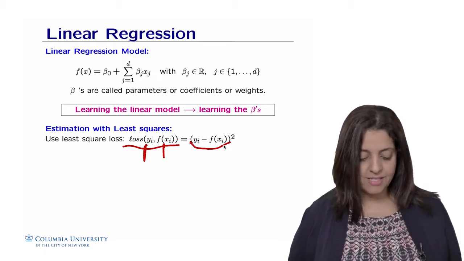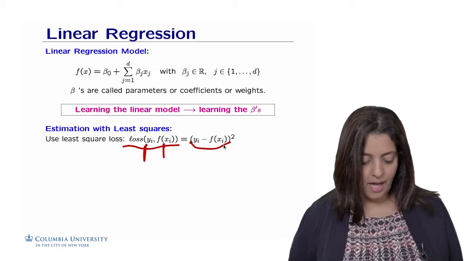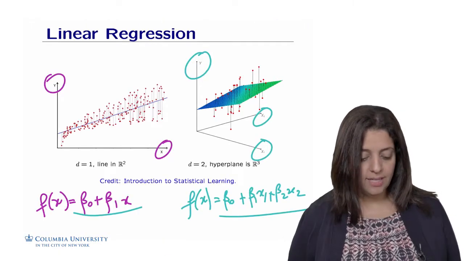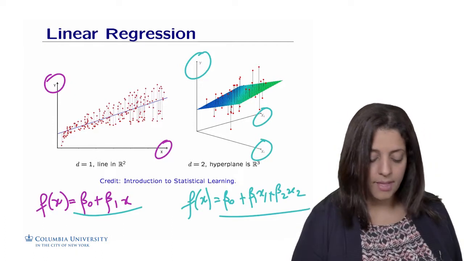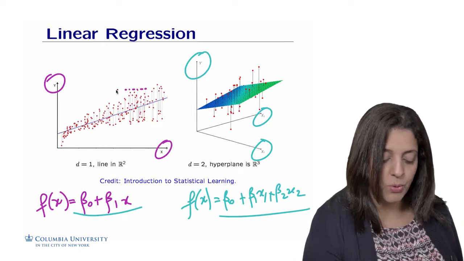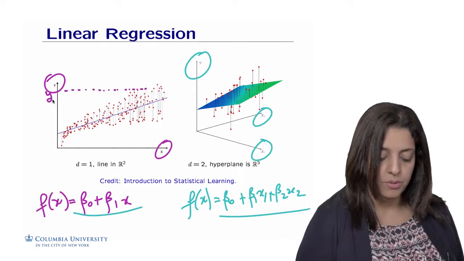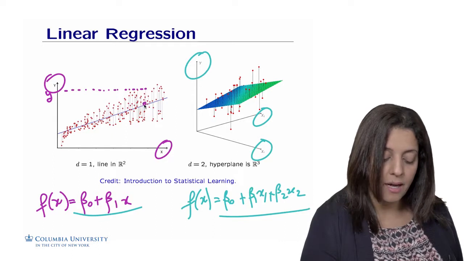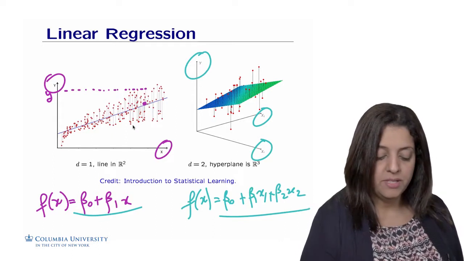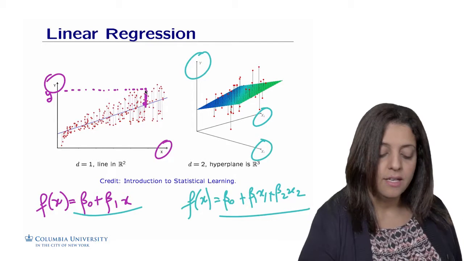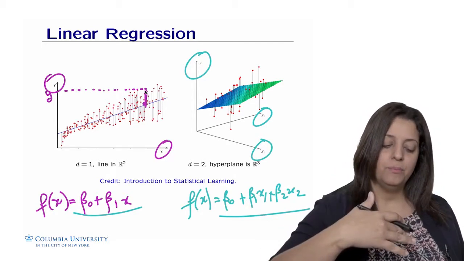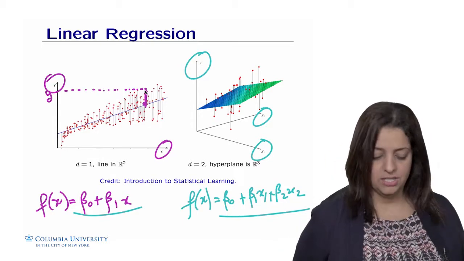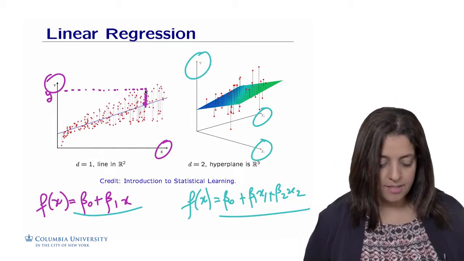Given this loss function, if we go back to our previous example, it means that we look at, given a data point, we know for this data point what was the true y label. The estimated function at this point would be this value. So I'm going to take the difference between the true label and the function, which is the projection of the point on the function that goes through the data points.